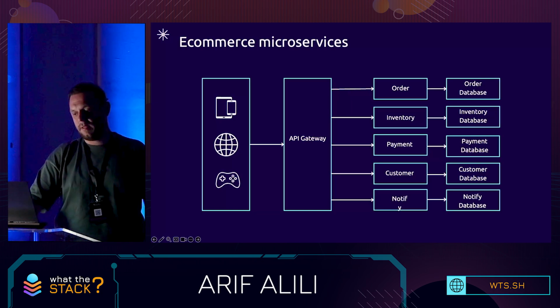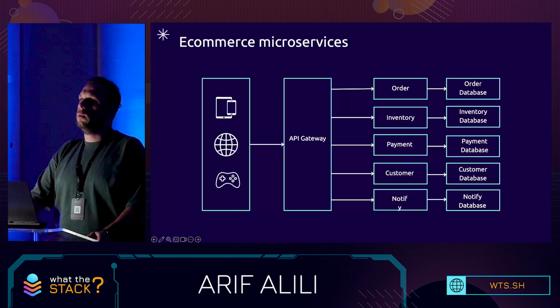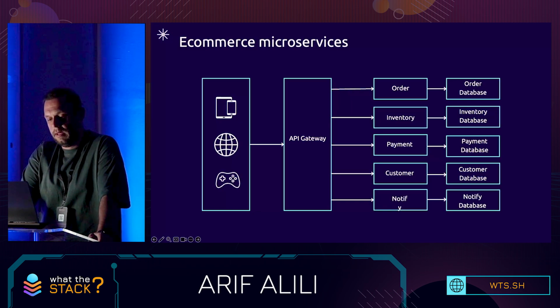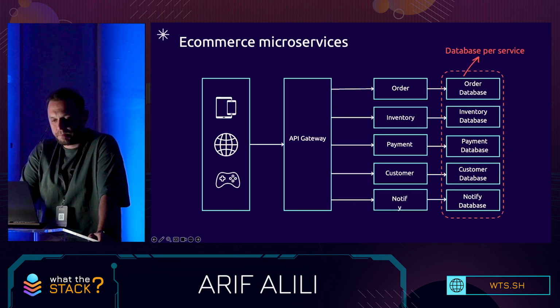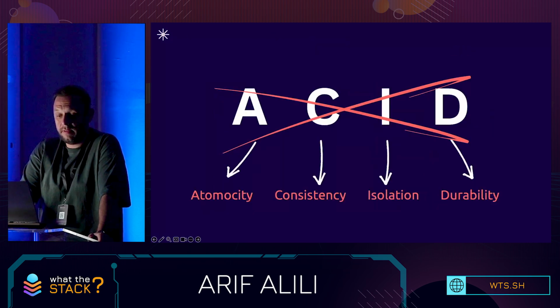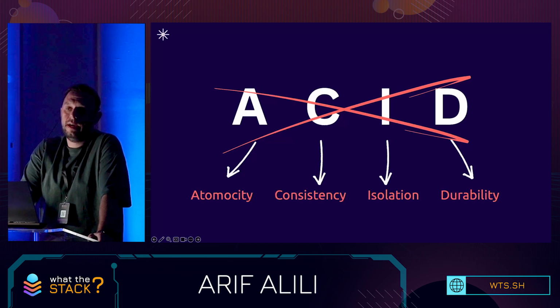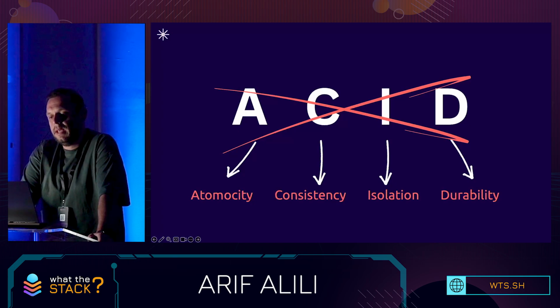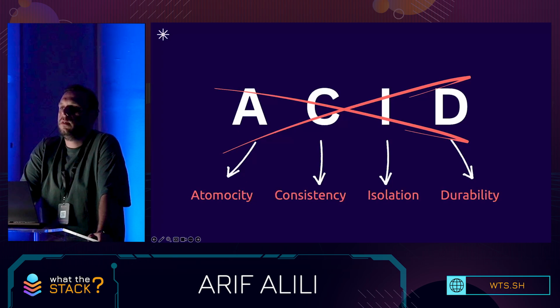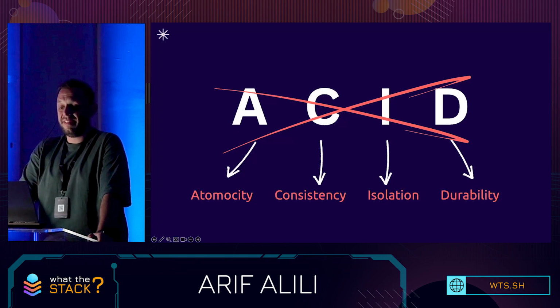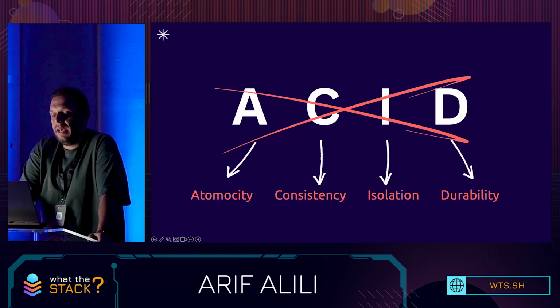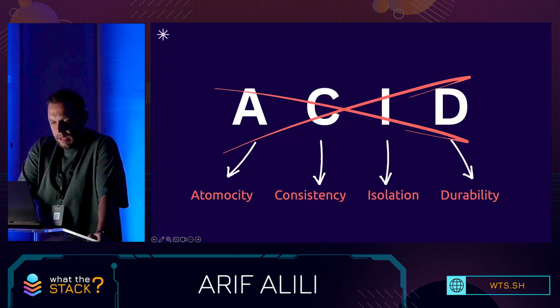Each of those services is powered by its own data source, which is perfectly fine. So we are having database per service, which doesn't allow us to have ACID transactions. Just because we cannot query one single database and start and end a transaction in that single database, it means that we cannot have ACID transactions.